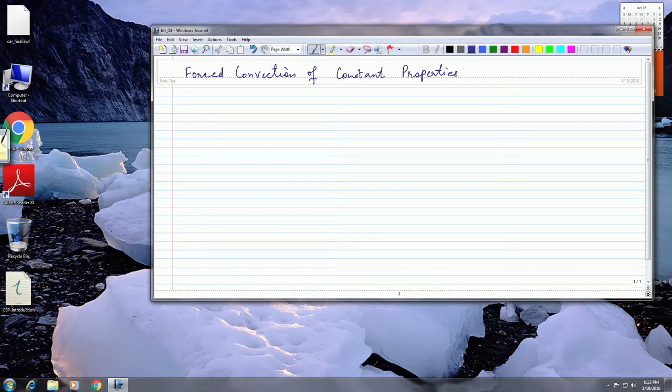Now, these are the two equations which I just showed you, but I'm going to write them down again for continuity, okay?